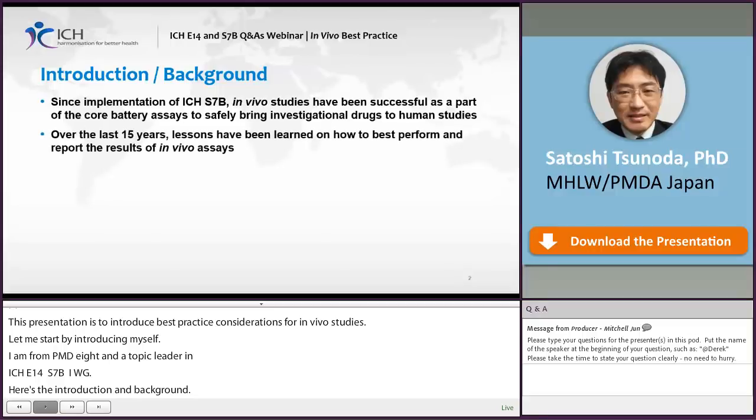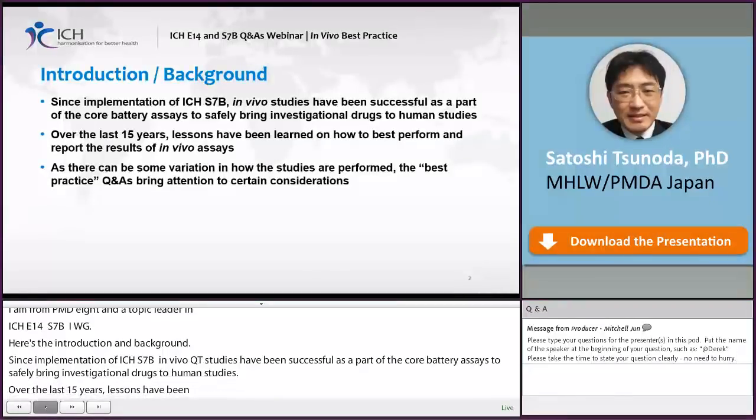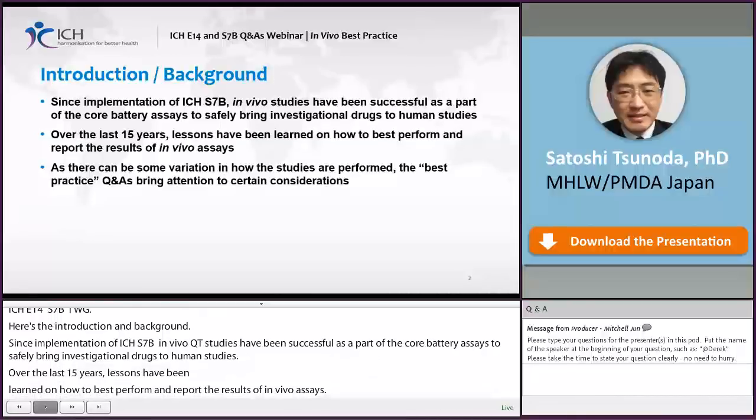Over the last 15 years, lessons have been learned on how to best perform and report the results of in vivo assays. As there can be some variation in how the studies are performed, the best practice Q&As bring attention to certain considerations.